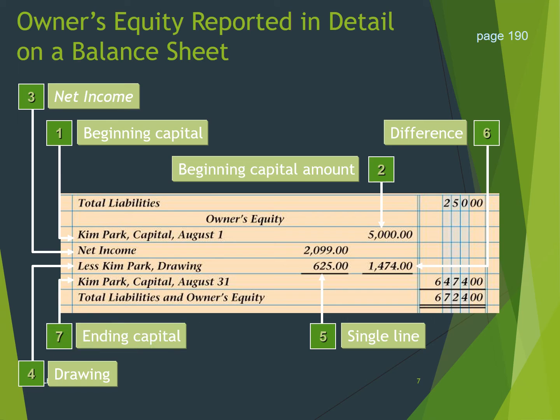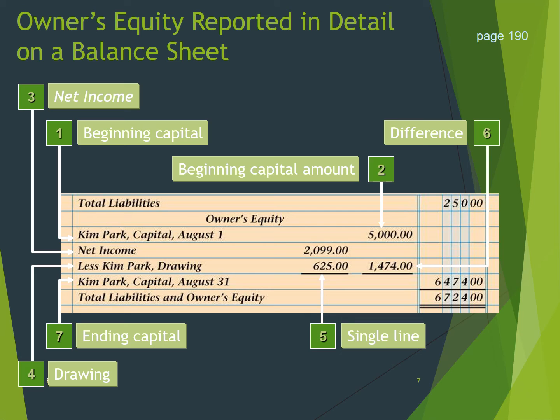Then we will draw a single line, and on the next line, write Kim Park, Capital, August 31st. What we're trying to do here is determine our new September 1st capital balance. We do this by taking our beginning capital August 1st balance, adding in the net income, subtracting the drawing account, and that should give us our new capital balance.